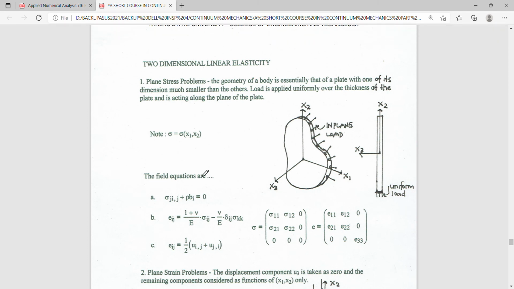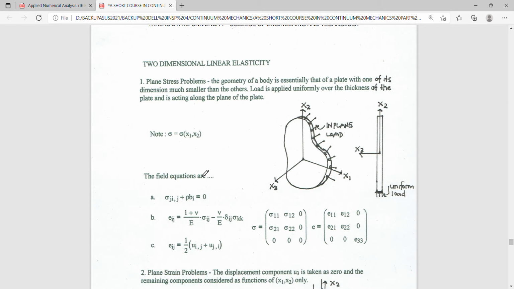Okay, guys, so we are now to understand the important things we need to know about linear elasticity. So, two-dimensional in that.